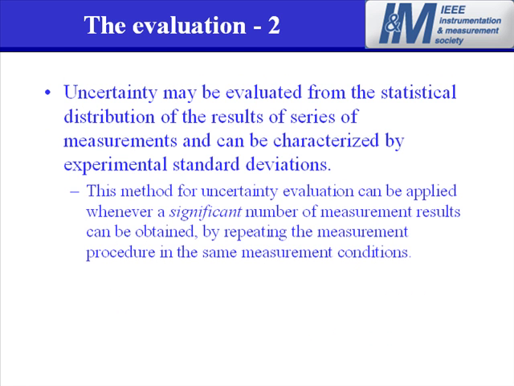Well, if we consider the operative way we can follow to evaluate uncertainty, we may evaluate it from the statistical distribution of the results of a series of measurements and characterize it with the experimental standard deviation. Of course, this method can be applied whenever a significant number of measurement results can be obtained by repeating the measurement procedure in the same measurement conditions.